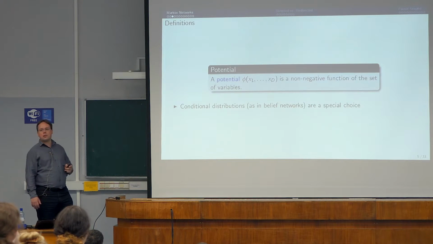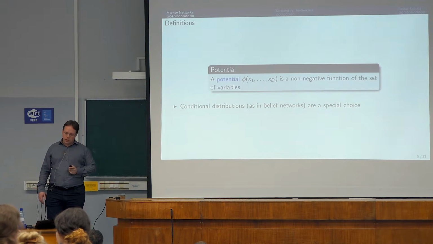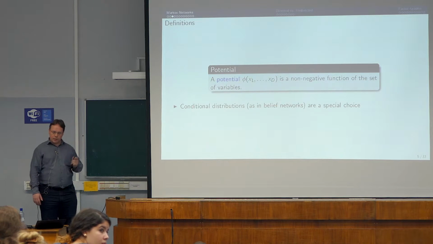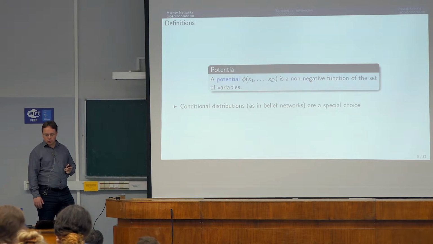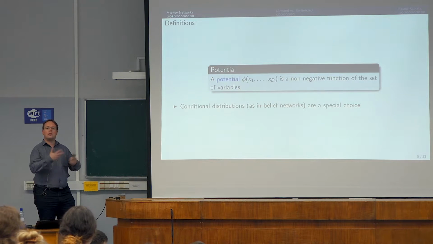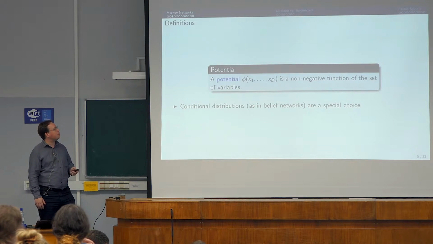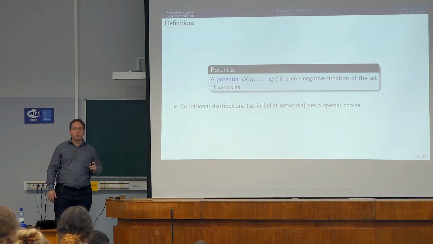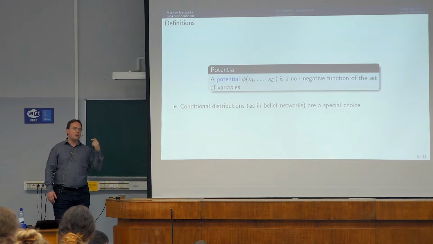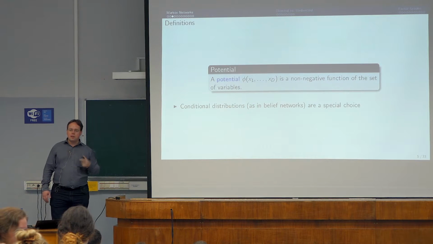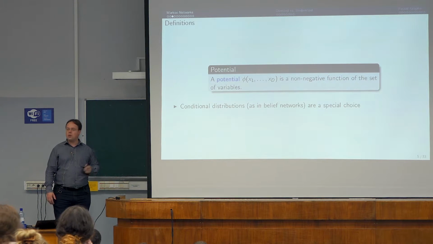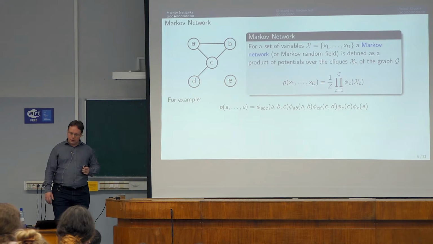And this sounds like a reasonable thing to use, so we give it a name. We say that a potential is a non-negative function defined on some subset of the variables. It can be all of them, it can be just a few of them. In the previous example, it's 2. Conditional distributions were a special case, where each factor is a conditional distribution itself, but we can also do other things.